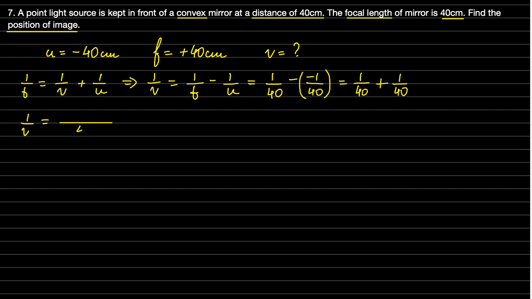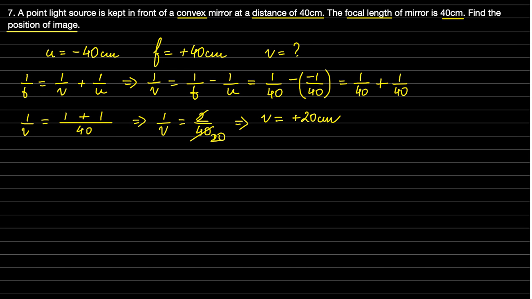So what I get here is 1 plus 1 divided by 40. So 1 by V is equal to 2 divided by 40. So this cancels, so we get 20 here. So 1 by V is 1 by 20. So V will be equal to plus 20 centimeter.